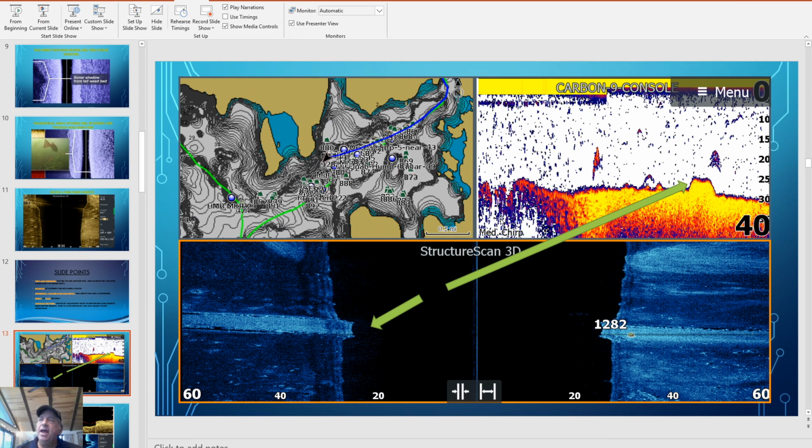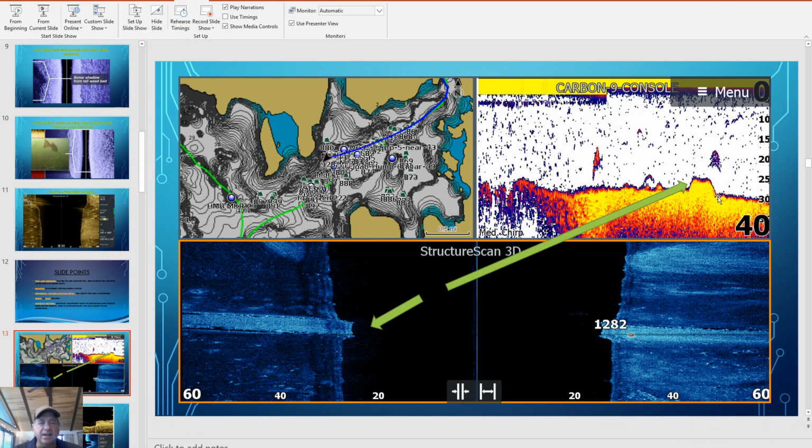So the point in this slide is as you're going along, and all of a sudden we get here, we see this sharp rise, we see this leveling out, and then we see this sharp drop. Typically in nature, you're not going to run across objects like that, but without side imaging and relying only on 2D, you might say to yourself, well, that's just a big rock, or that's a fairly large stump that I just went over.